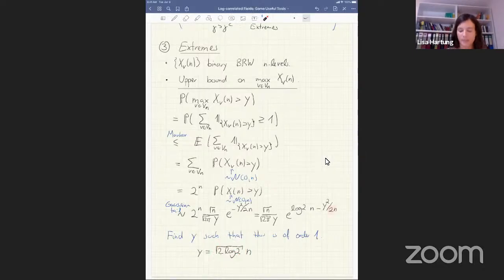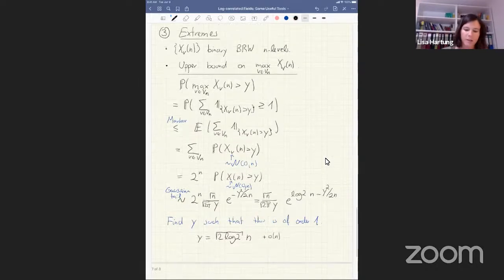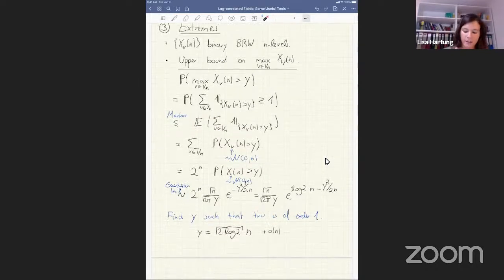So if I plug this in, then this becomes 0. But of course, I still have these other terms that I need to take care of. So my first guess is that I have to add something of smaller order, such that the square root n over y also disappears.